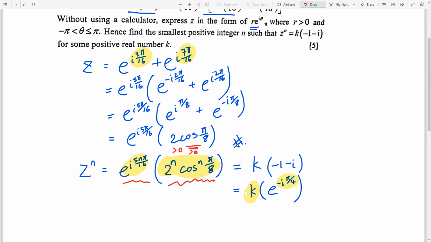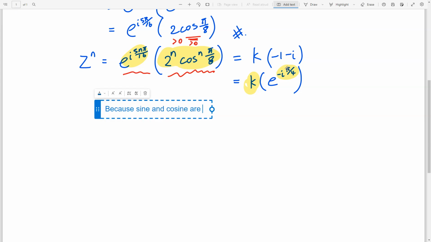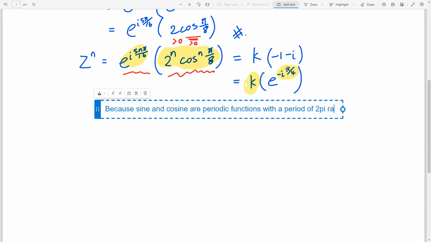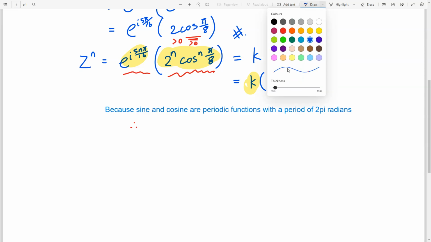What is the smallest positive integer n? This is still cos(π/4) minus i sin(π/4), still related to cosine and sine, which are periodic functions with a period of 2π radians.